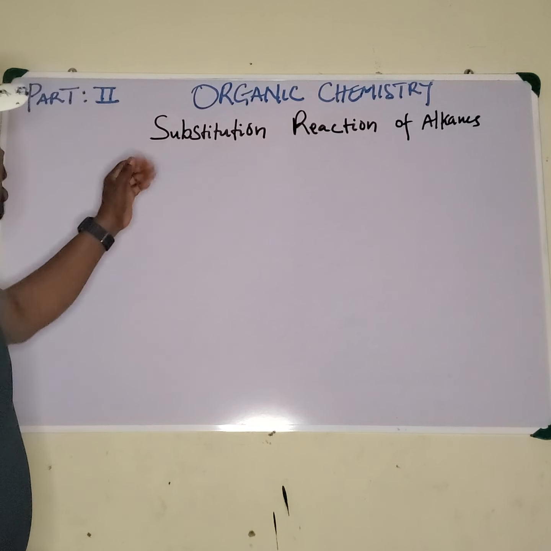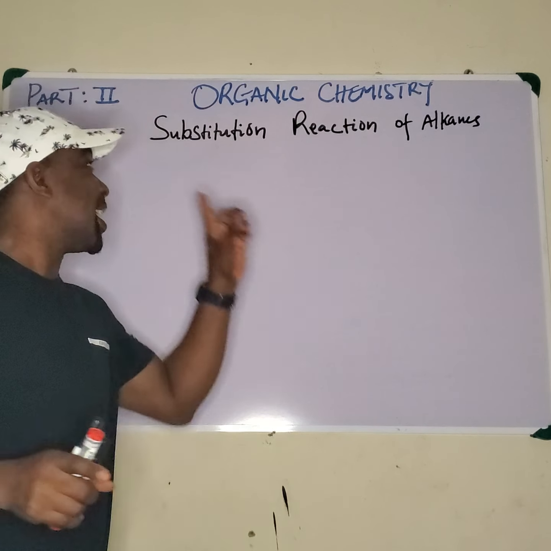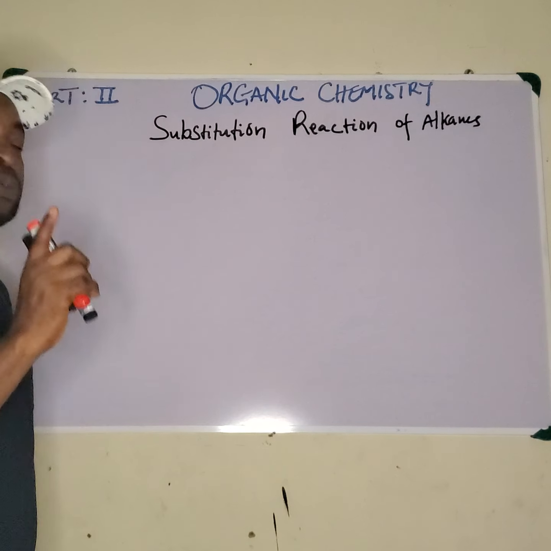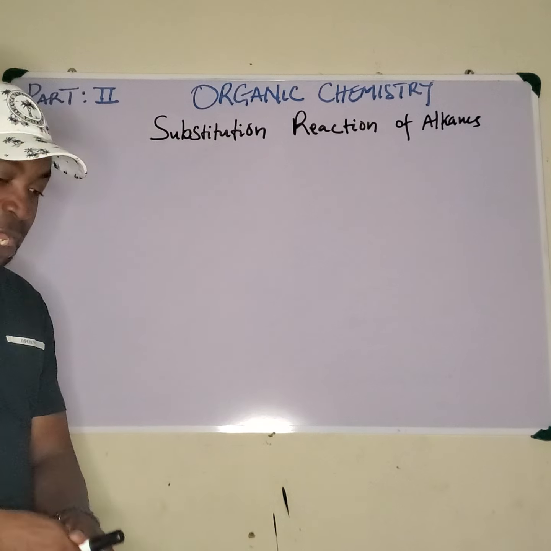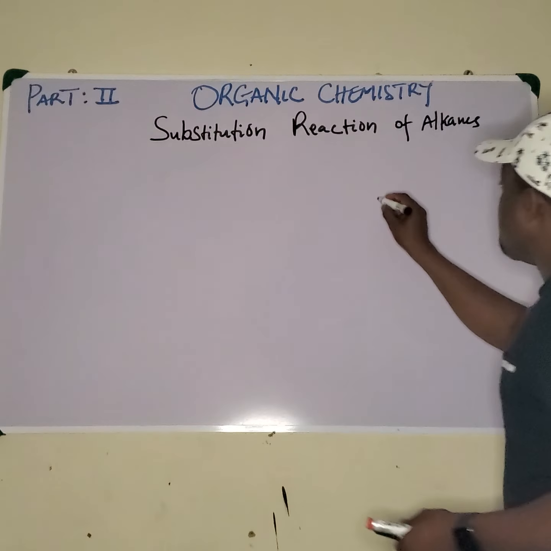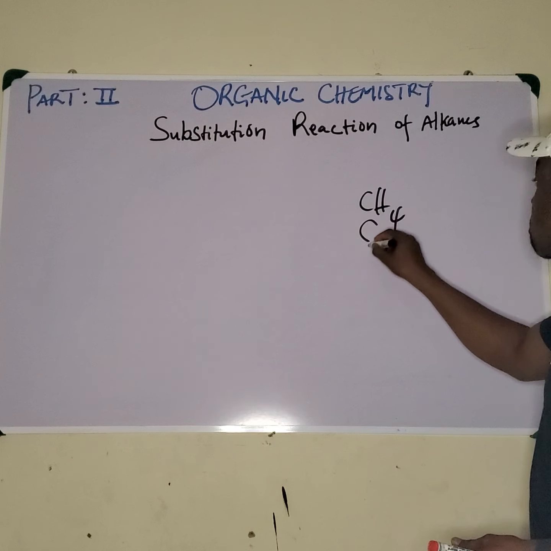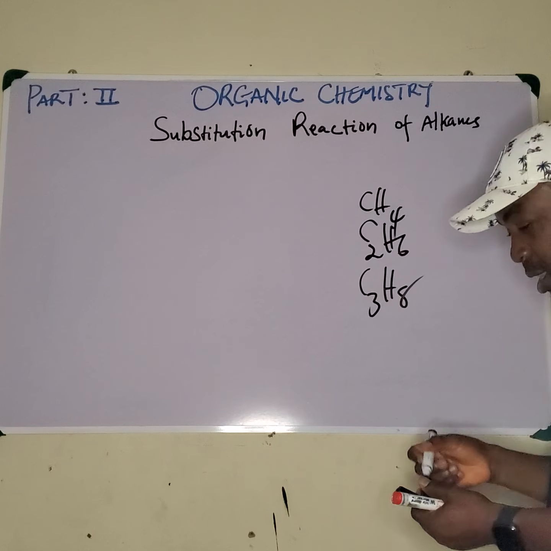Now today there are two important chemical properties of alkanes that we cannot ignore. One of the chemical properties is combustion of alkanes. Methane undergoes the same combustion reaction as ethane, and the same thing for propane.